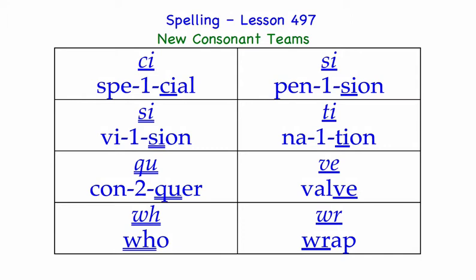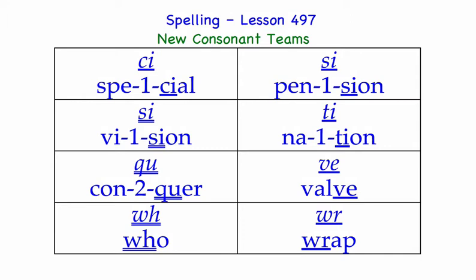Now, normally QU represents the sounds K and W combined, but it turns out QU has a second sound it represents in not nearly as many words, but sometimes QU can represent the K sound. And when QU represents that sound, K, then you double underline QU.